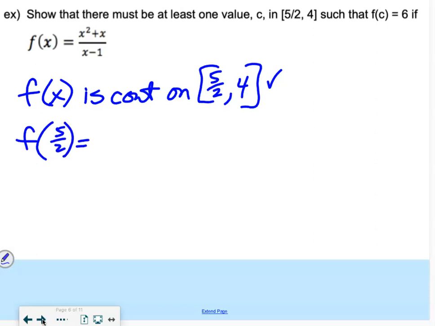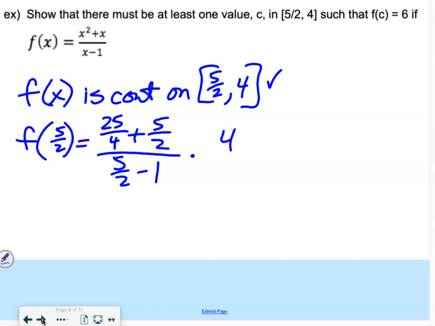Here we go, fun with fractions, right? So, 5 halves squared, that's 25 fourths, plus 5 halves over 5 halves minus 1. What did I teach you 2 days ago? Whenever you have a complex fraction, you multiply the whole top and the whole bottom by the LCD. What's the LCD? 4.